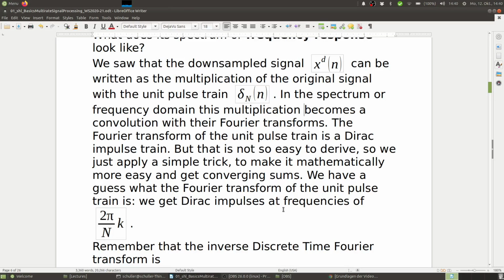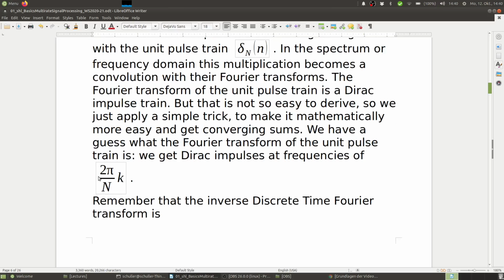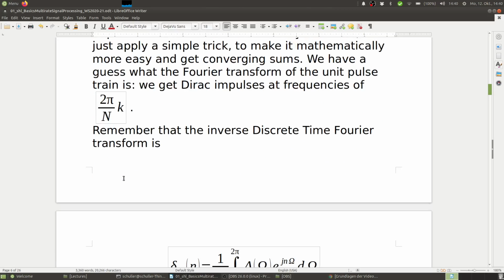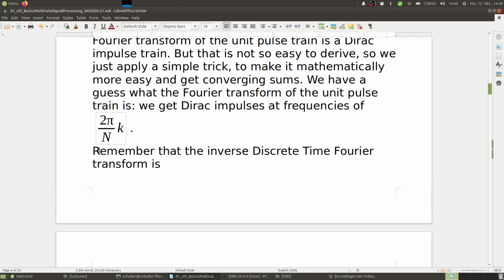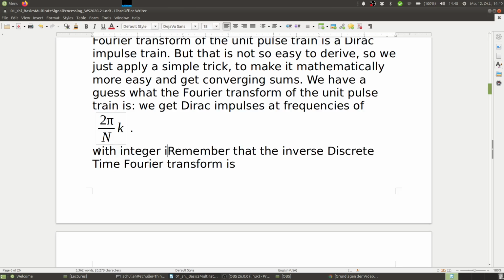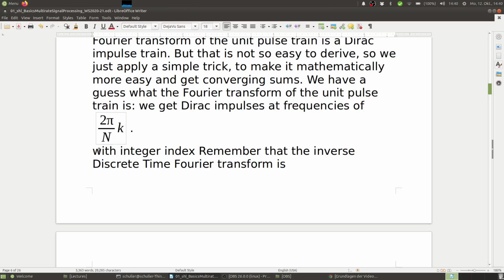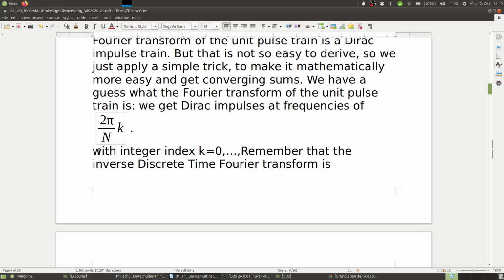We get Dirac impulses at frequencies of 2 pi over capital N times some integer index k. Right? Yeah, maybe I should add that with integer index k equals 0, comma, dot, dot, dot, comma, N minus 1.